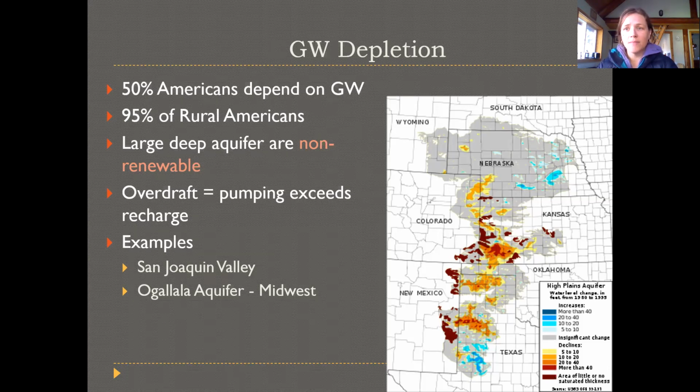And a lot of times this water is being pumped from wells that unfortunately are getting what's called overdrafted. That means the rate at which people are pumping water out of the ground is exceeding the rate at which the water is being recharged. One of the most infamous places where this is happening is an area that's sometimes called the Ogallala aquifer, or sometimes referred to as the High Plains Aquifer, which is in the central part of the country.